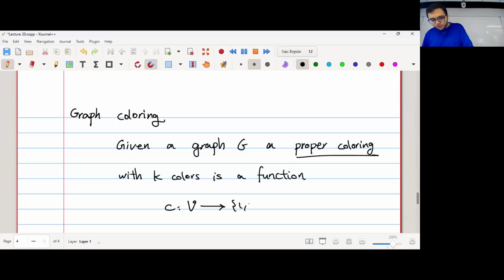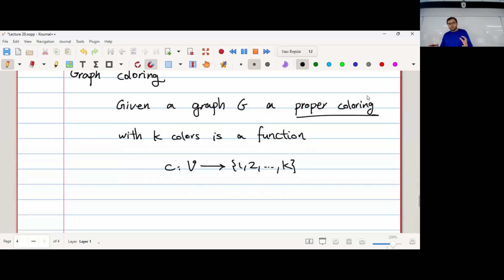This color is going to be one of the numbers from 1 to K. So I have a graph, I'm assigning a label to every vertex, but I'm thinking of that label as a color, and I have K possible colors. We say this is a proper coloring if for every edge E, the two endpoints of E get different colors.